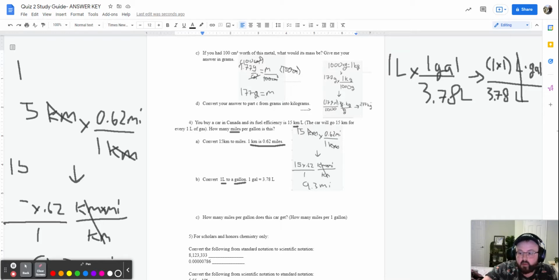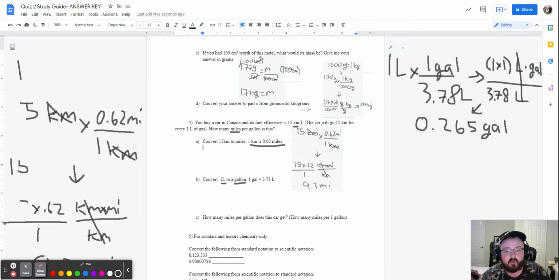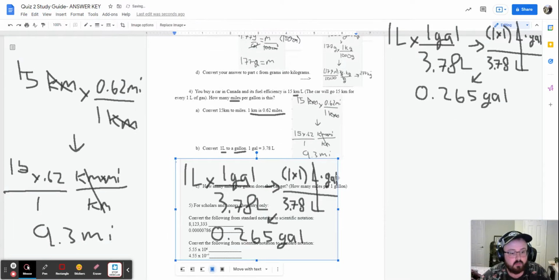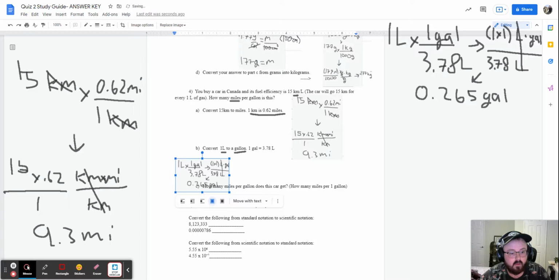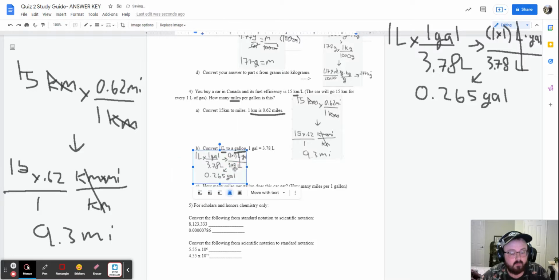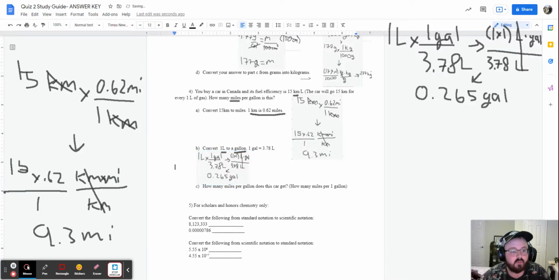That's what we end up with. 1 divided by 3.78 is 0.265 gallons after we simplify that. So let's put this answer in here. Okay. Perfect.